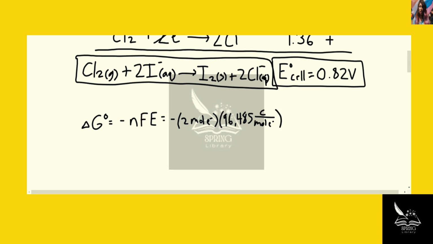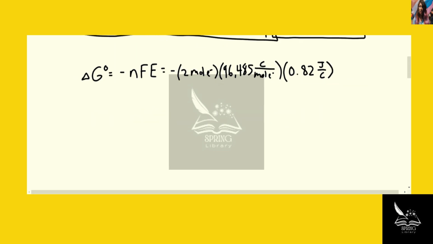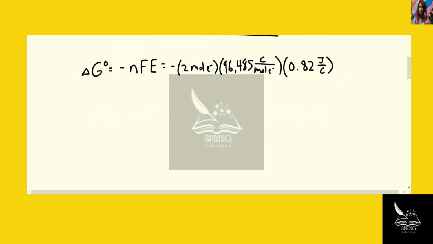And the cell potential we found was 0.82 joules per coulomb, which corresponds to units of volts. When we calculate that all out, we get delta G in units of joules, and if we divide by 1,000, we get it in kilojoules, and that comes out to about negative 160 kilojoules.